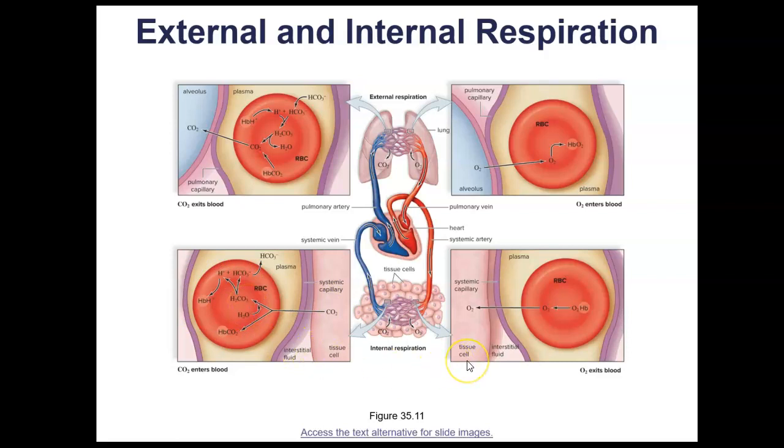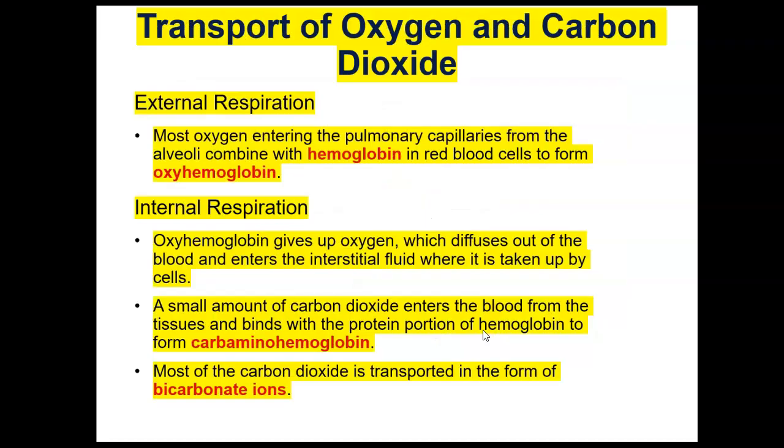But the partial pressure of oxygen is going to be higher in the blood, so it will diffuse into the tissue cells. All right, as far as transport of oxygen and carbon dioxide, most oxygen is transported through the blood attached to hemoglobin on the red blood cells.